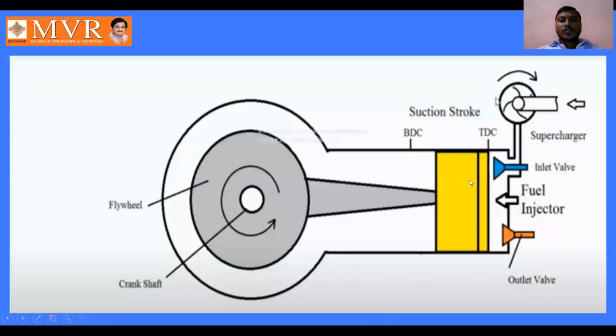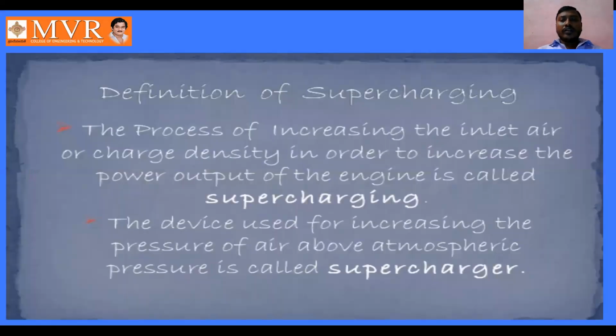As the supercharger is forcing the air into the engine cylinder, the air is more than the air which would normally be taken. If we are giving more air, or more pressure, to the engine cylinder, we are going to increase the efficiency and the power output of the engine.